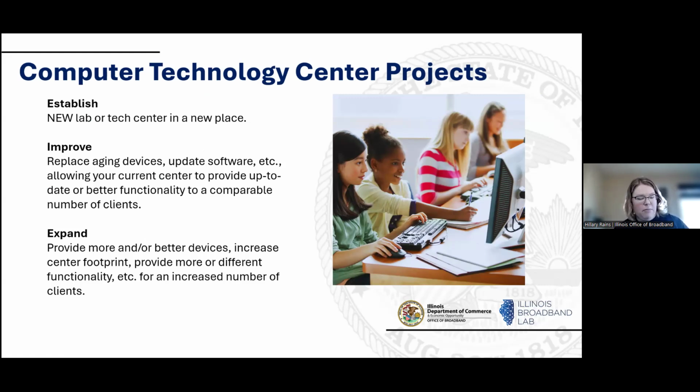Maybe a few more. You can also expand. You can provide more or better devices. You can increase your footprint or create something mobile that can go out in the world, providing more or different functionality for more people. So you can do any one of these things, or a combination of them as you move forward.